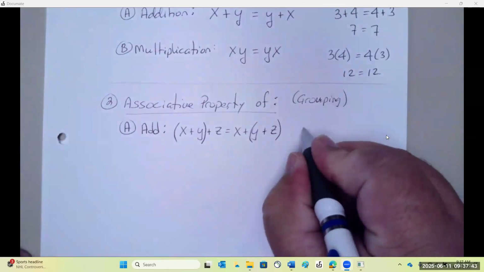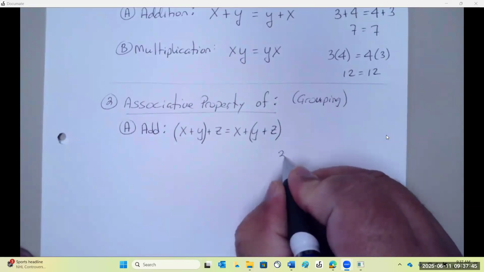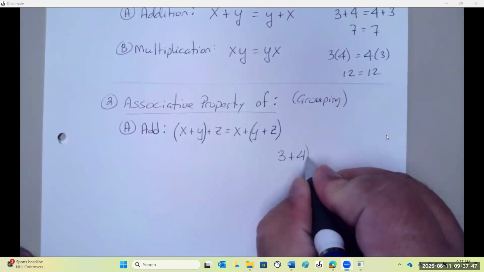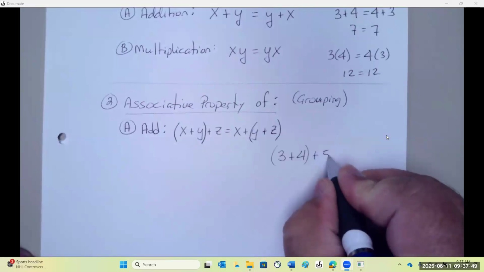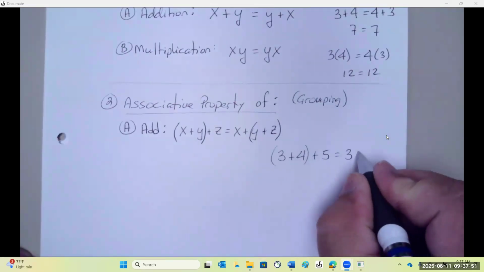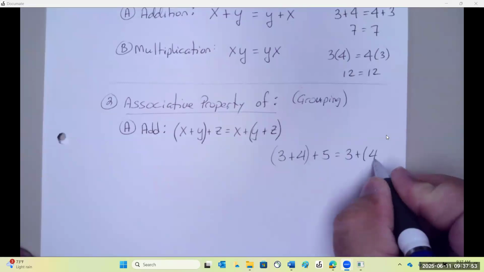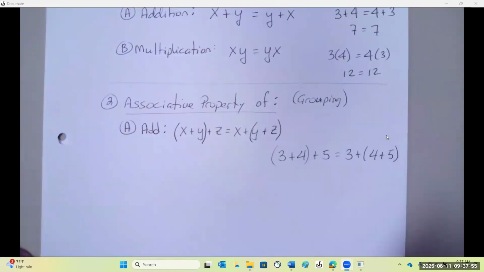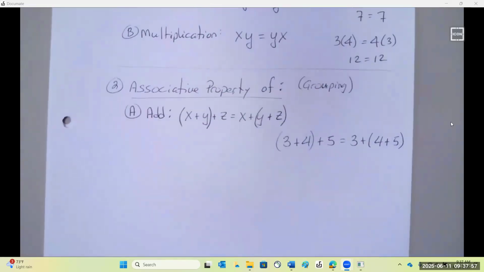Let's see here. So we have 3 plus 4 plus 5 is equal to 3 plus 4 plus 5. Because obviously x plus y plus z is equal to x plus y plus z, which means those same numbers, we can combine them.